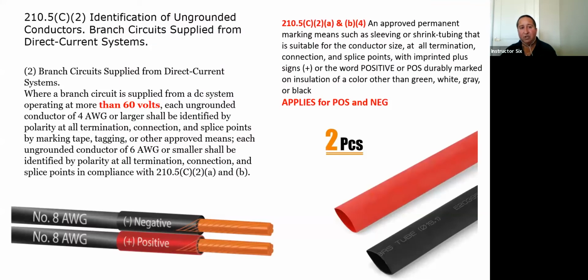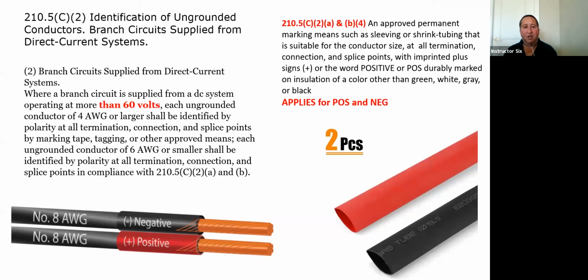Another change was when we get into solar, basically PV, direct current. What happens here is they're talking about 60 volts for the ungrounded conductor for the DC. So before in the code, I think it was 50 volts, and they upped it to 60 volts.